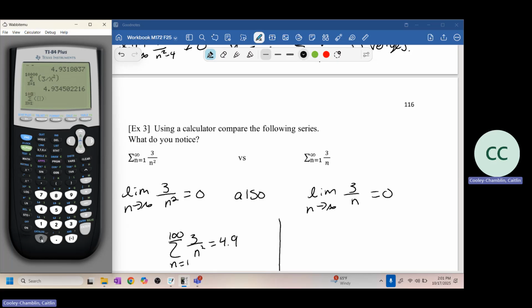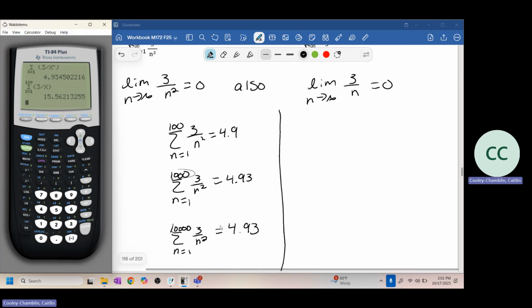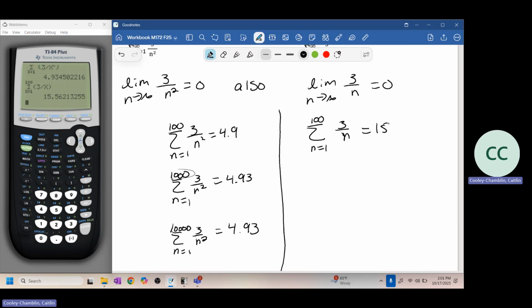Let's just say 100, 3 divided by x. We get 15. Okay, so the summation of n equal 1 to 100 of 3 over n is 15.56. So let's go ahead and look at what happens when we go to 1,000.